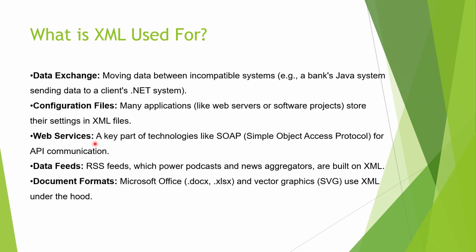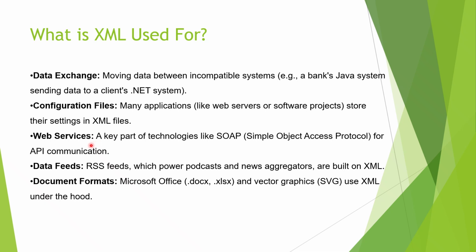Your app then reads that XML and displays pretty graphics. This happens billions of times a day. Now, note that today another format called JSON is also very popular in this, but XML was the original and is still used in many systems, especially in enterprise level applications.